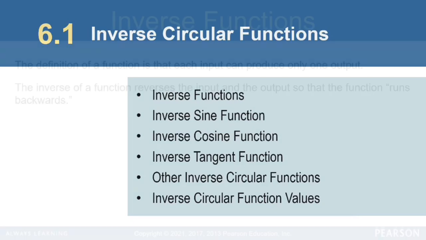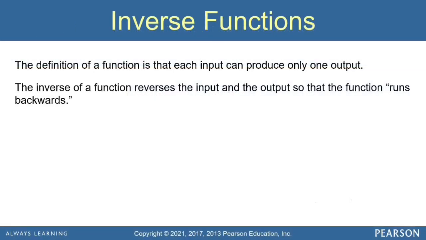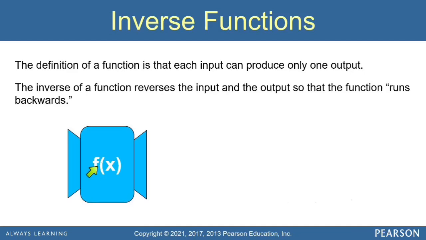Here we go. So you might remember from algebra that the definition of a function is that each input can only produce one output, and the inverse of a function just reverses the input and the output so that the function runs backwards. So imagine I have a function here, and you can kind of think of it as a little machine.